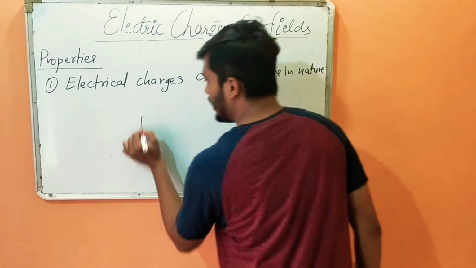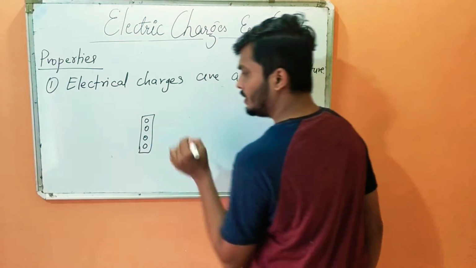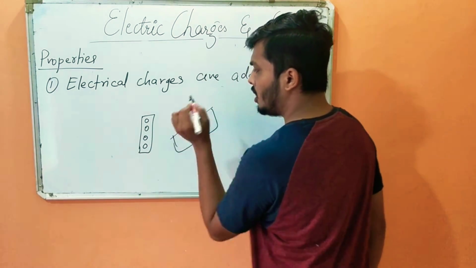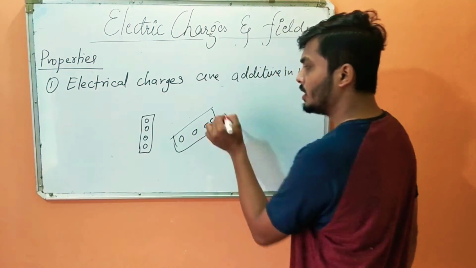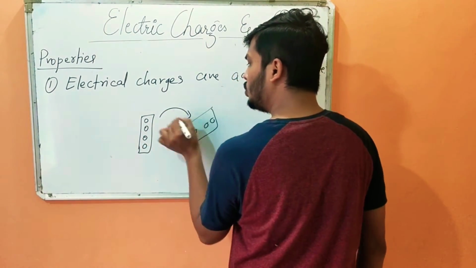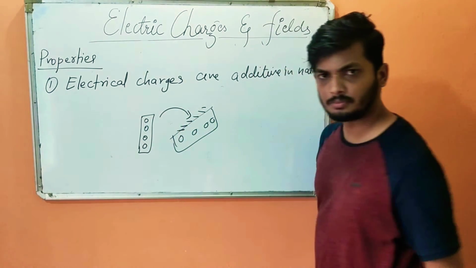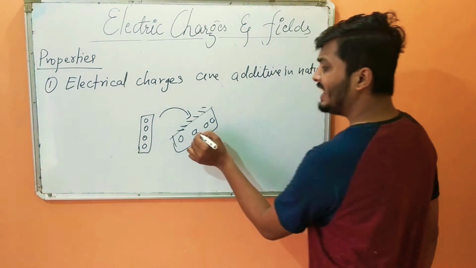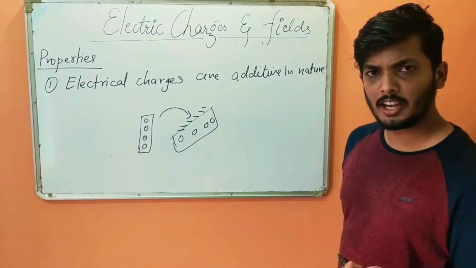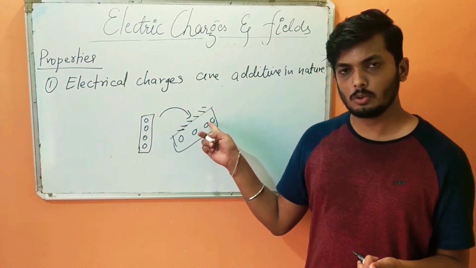So when I take an iron rod and a silk cloth, initially both are neutral. But when I rub them with each other, the iron is going to lose electrons to the silk. Yes or no? And the silk is going to gain the electrons, right? So you are giving charge to the silk cloth.